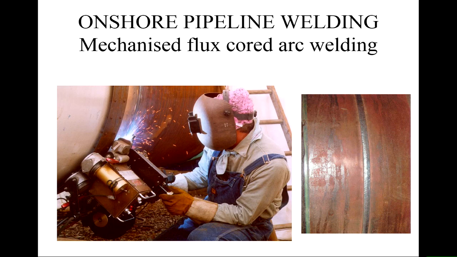This has obviously been cleaned off, because if there's some flux in the system, you will get some slag on the weld that has to be cleaned, but not a great deal. And this is, again, easy to use and less skilled than the manual welding processes.